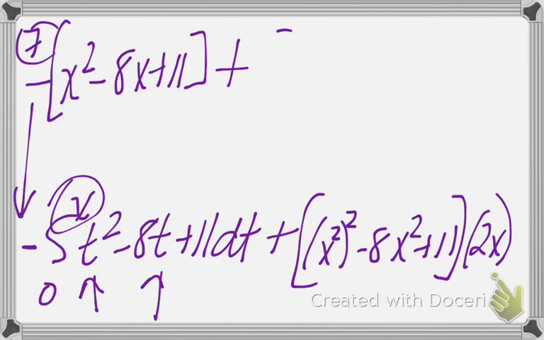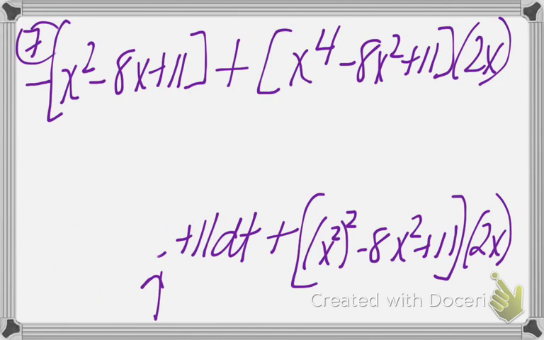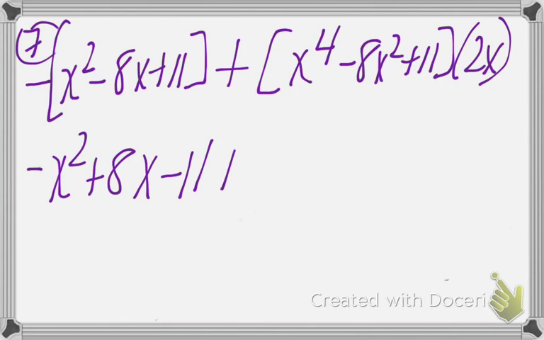Plus, this gives us x to the fourth, and that's all multiplied by 2x. Okay, we'll just simplify a little bit, do a little distributing. Okay, so I'm going to distribute all this, okay?